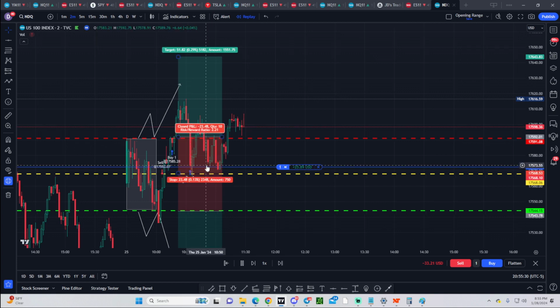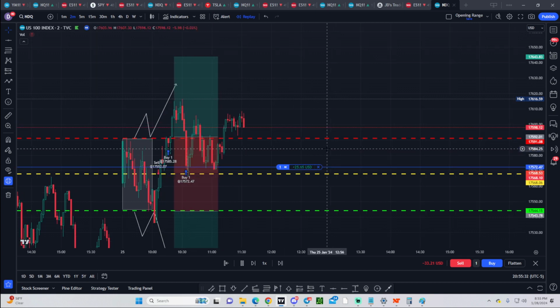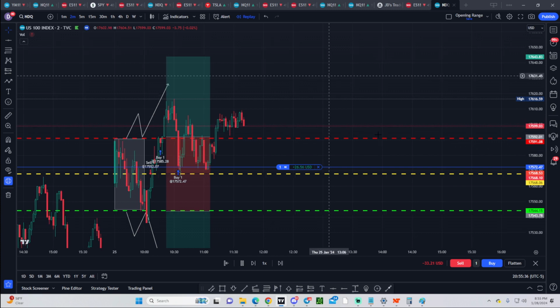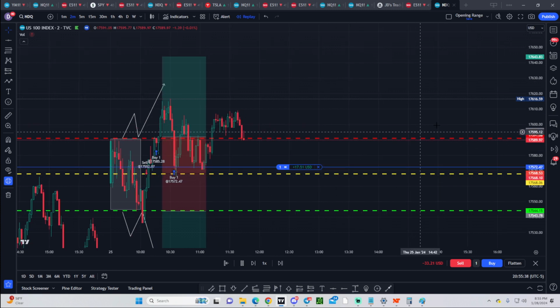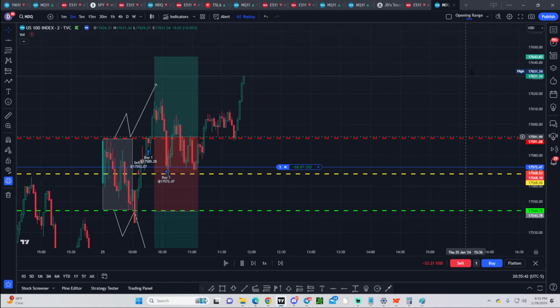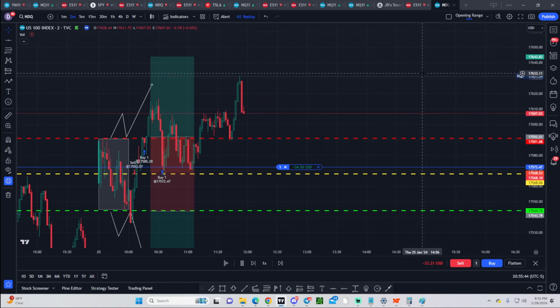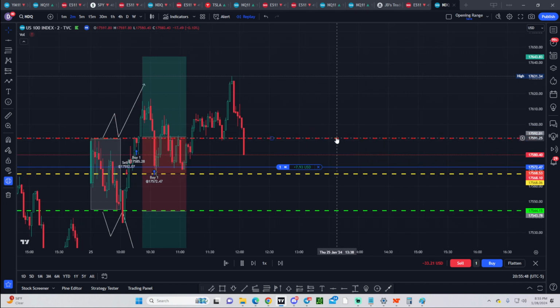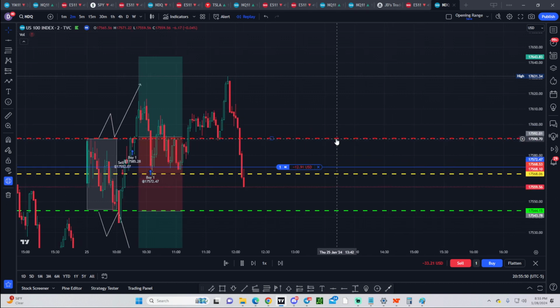There comes a point that you protect your position. So we're still above the range, which is fine. We're in profits. We're nicely in profit, so you can see at this point the position should be at break even.